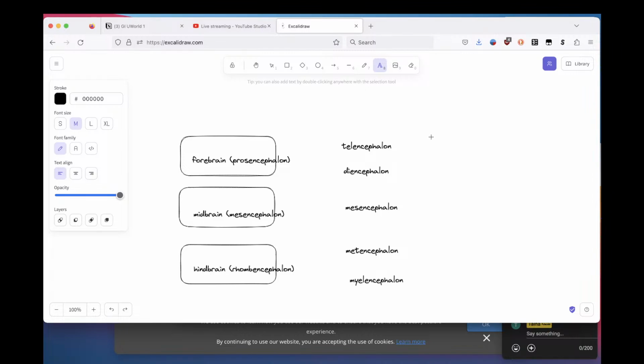So from the telencephalon, we're going to have cerebral hemispheres. What else will we have? Basal ganglia and lateral ventricles.